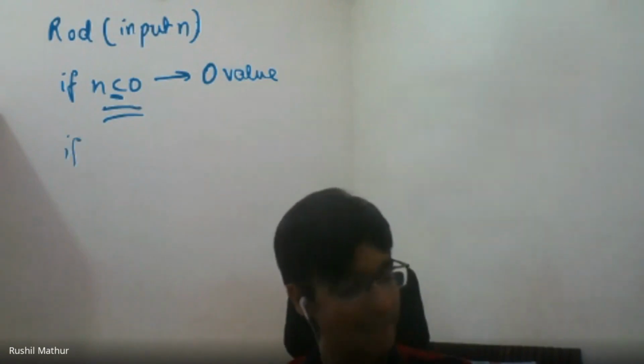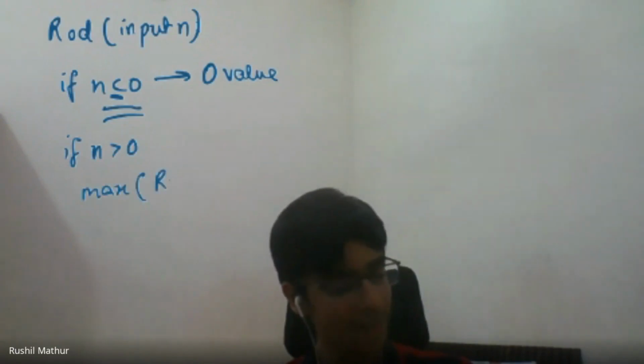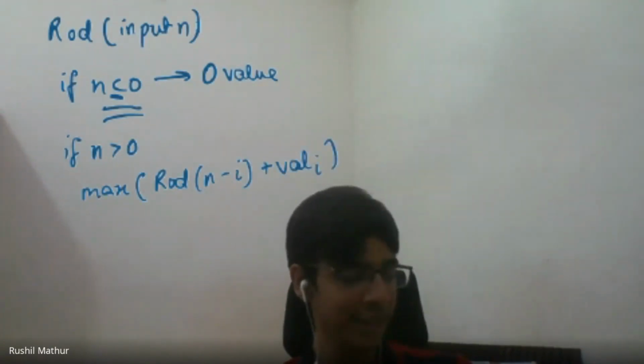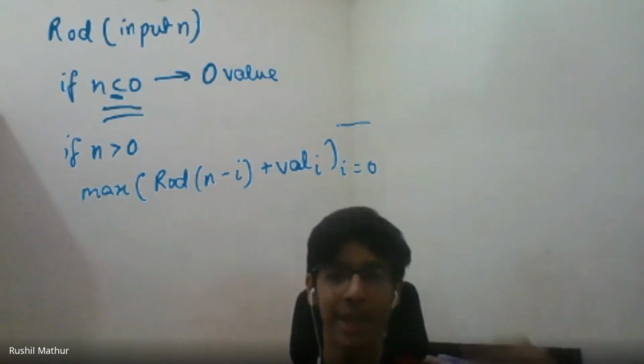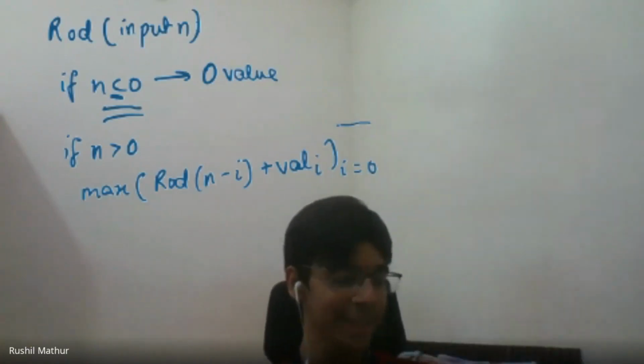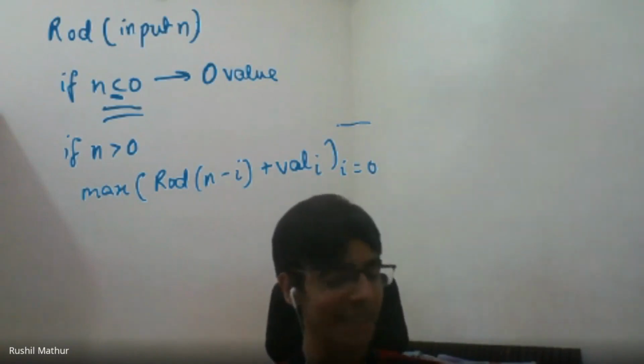And if n is greater than 0, then you just say it is the max of rod n minus i plus the value of an i meter rod, for i going from 0 to whatever values of i there are, like the different meter rods that are sold in the market. Now you just output this max.